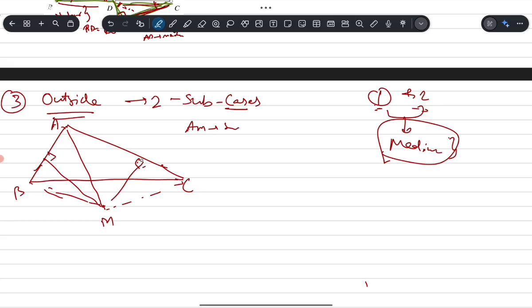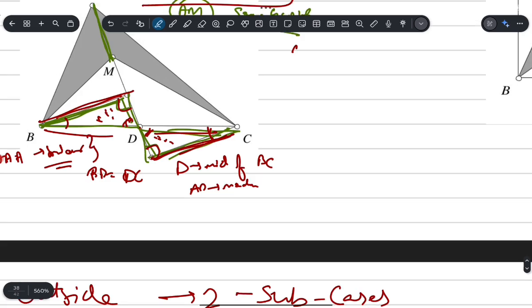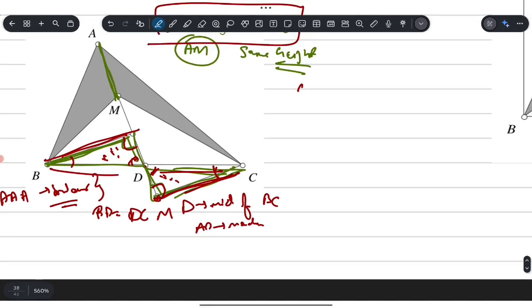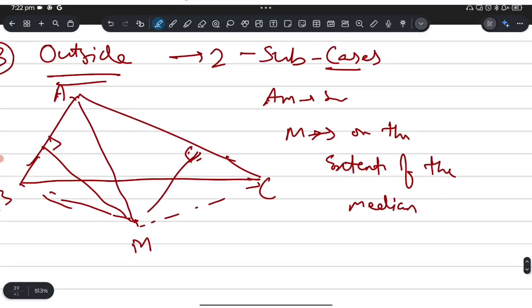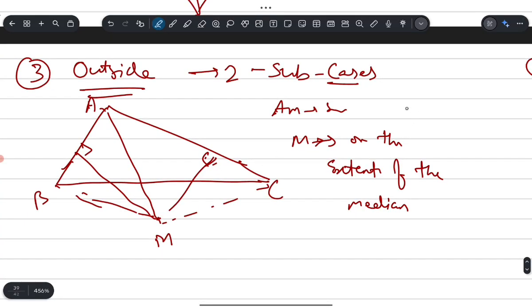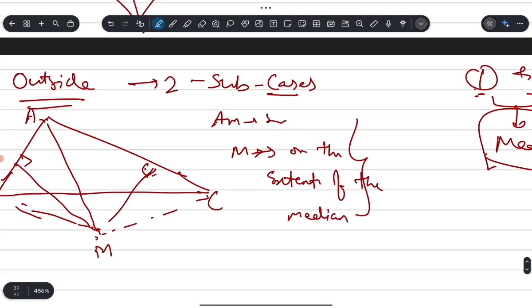And once again, if you notice a bit, we'll end up getting that M should lie on the extension of the median. It's understandable from this diagram as well, like M is somewhere here or on the extension. If you keep extending, and considering the area, that will be the case. Anyways, so this was the subcase 1 when M is here.